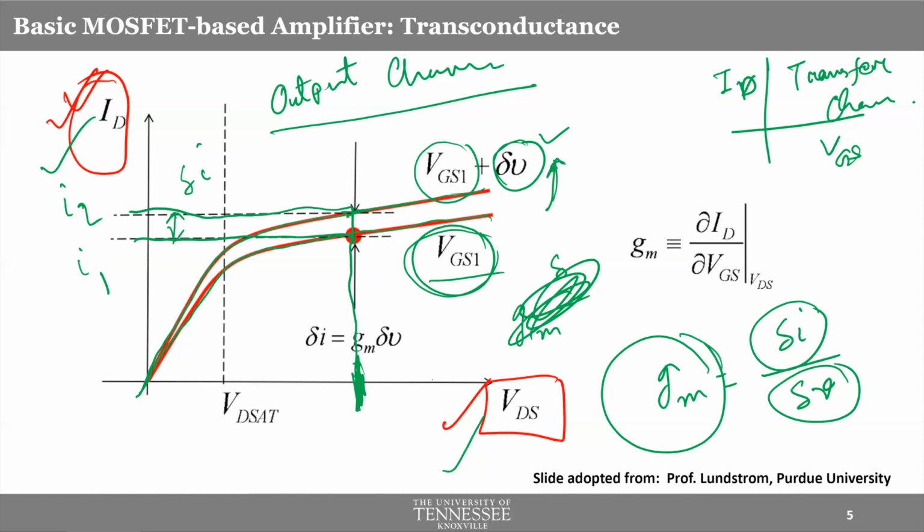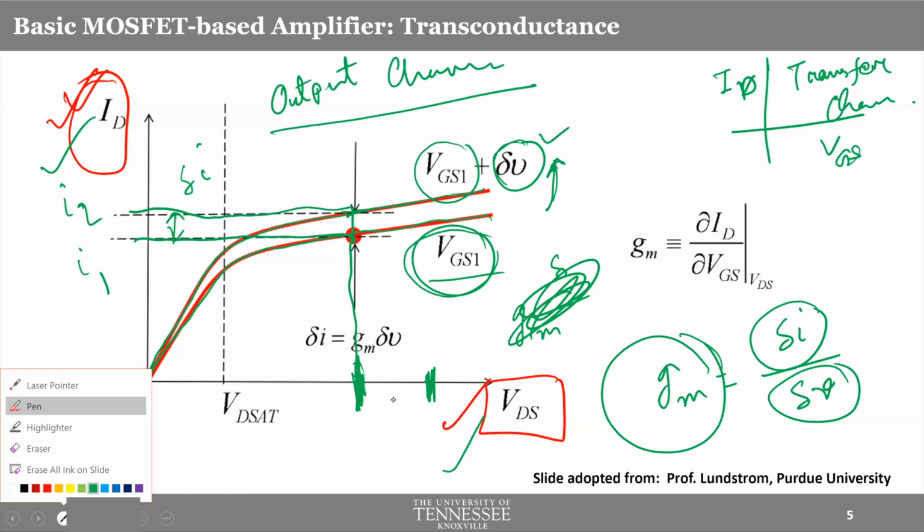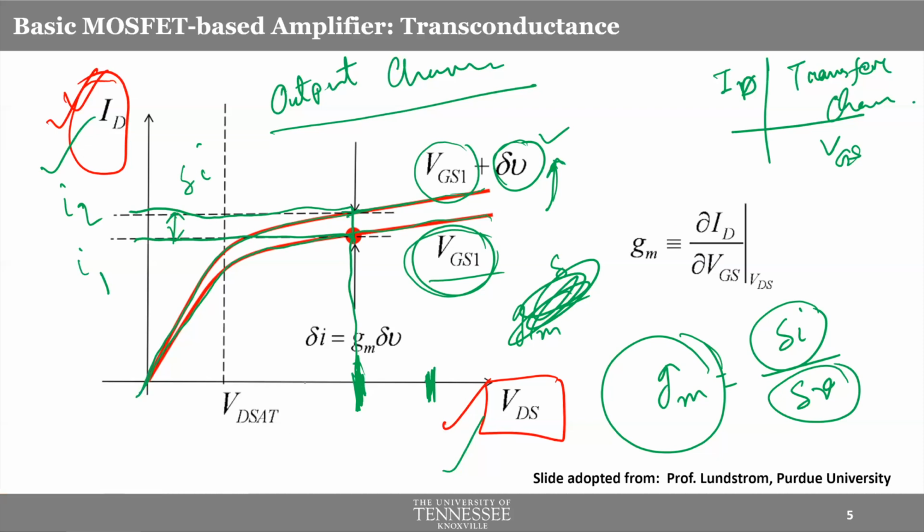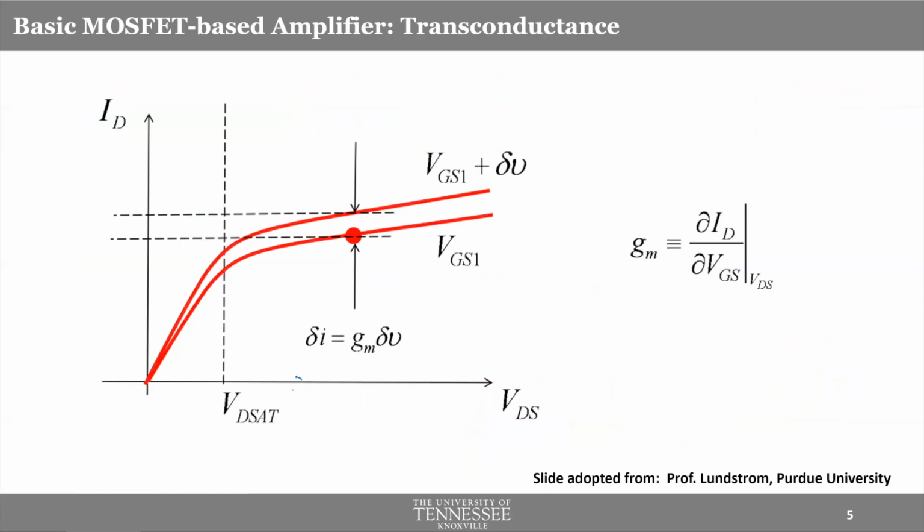Now, take another VDS, maybe here. Let me change the pen color again. Say this is the VDS, and then draw a vertical line. You know the amount of delta V that you have, how much change in VGS you have caused.